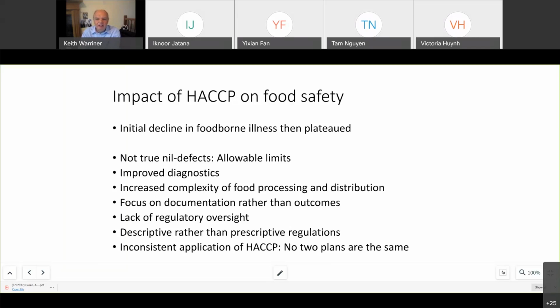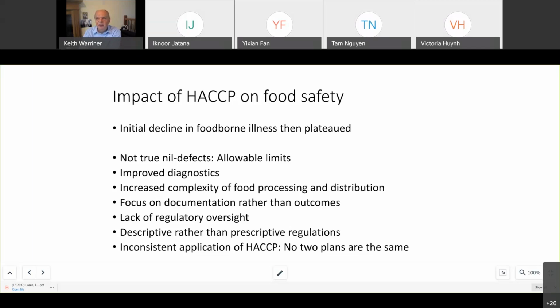And over the last 30 years, there's been a continuation of trading. The food industry's got much more complex. As we talked about in Unit 1, there's this push and pull, whereas consumers go for clean labelling, which obviously affects the safety of the product. The focus on documentation is probably one of the most significant. As I mentioned, the trouble with HACCP is that everybody focused on the paperwork.